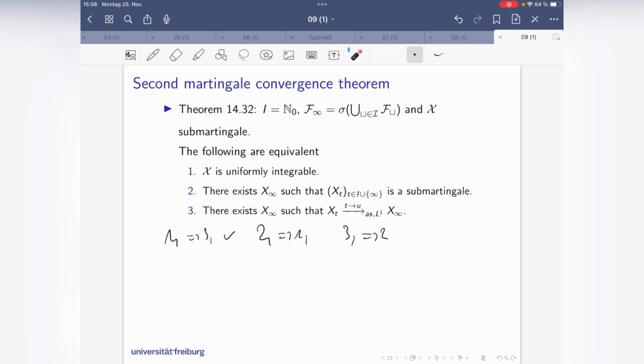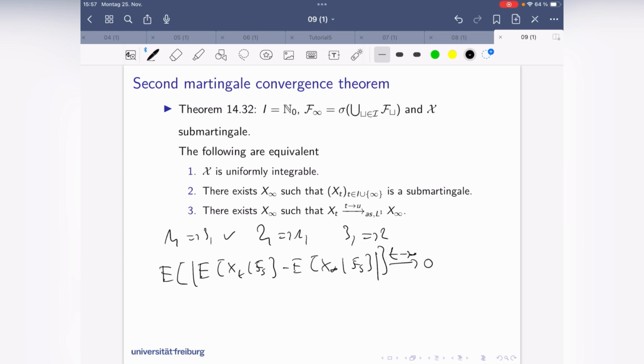So I need this here, and I have L1 convergence, and I have to prove the submartingale property. First of all, if I have the expectation of xt given fs, s less or equal than t, minus the expectation of x infinity given fs, well, this here converges to 0.